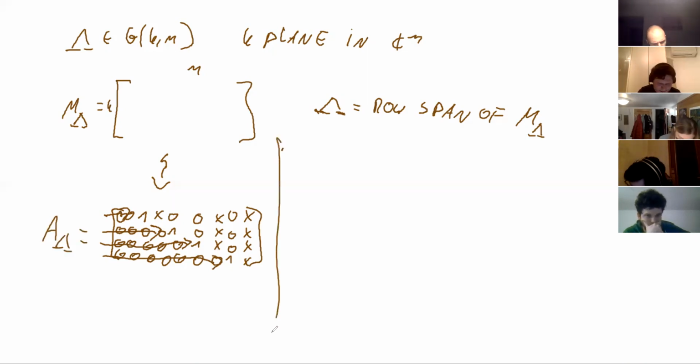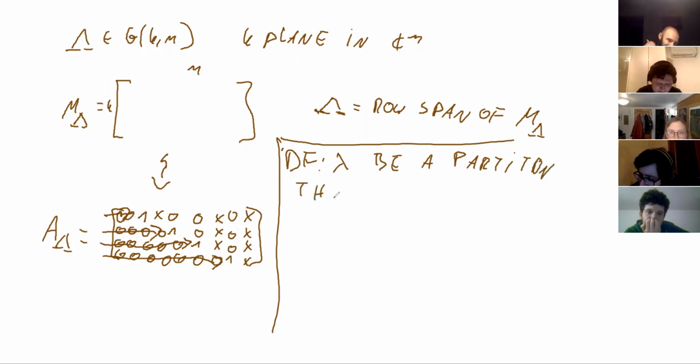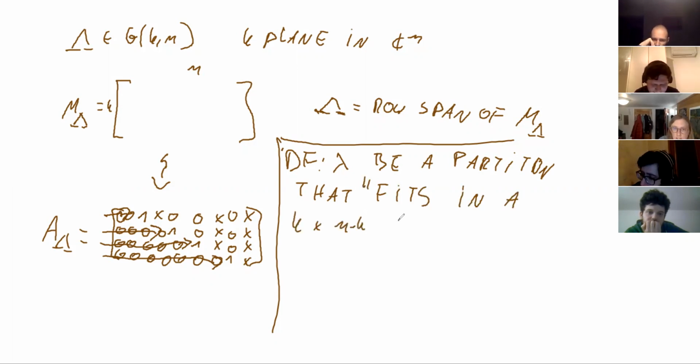So maybe I can put here a formal definition. So let lambda be a partition that fits in a k times n minus k rectangle.